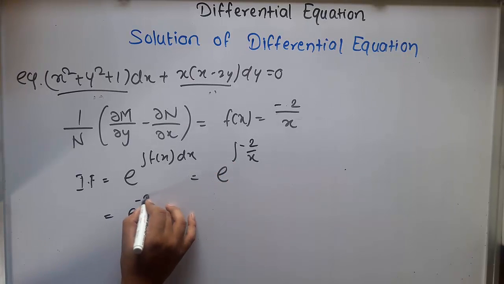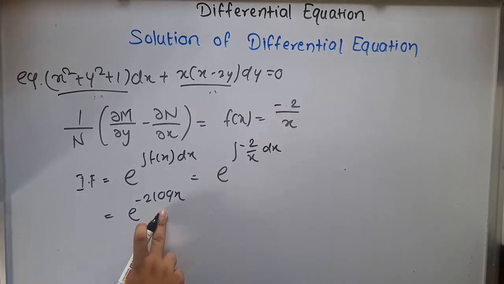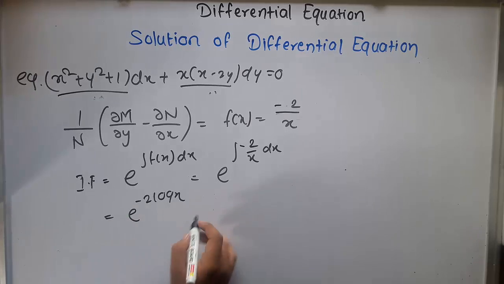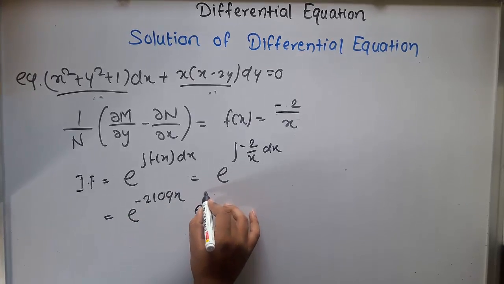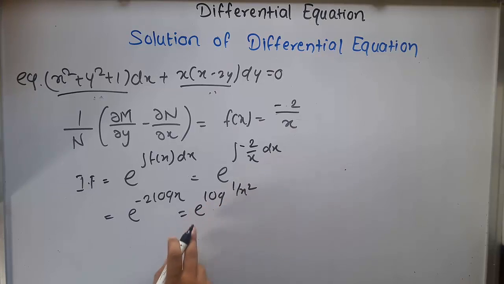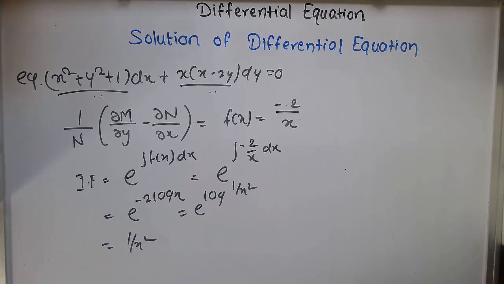It gives minus 2 log x, since we have dx. We get e raised to minus 2 log x. So that becomes e raised to log 1 upon x square. When we have e raised to log, that will be 1 upon x square. So this is our integrating factor.